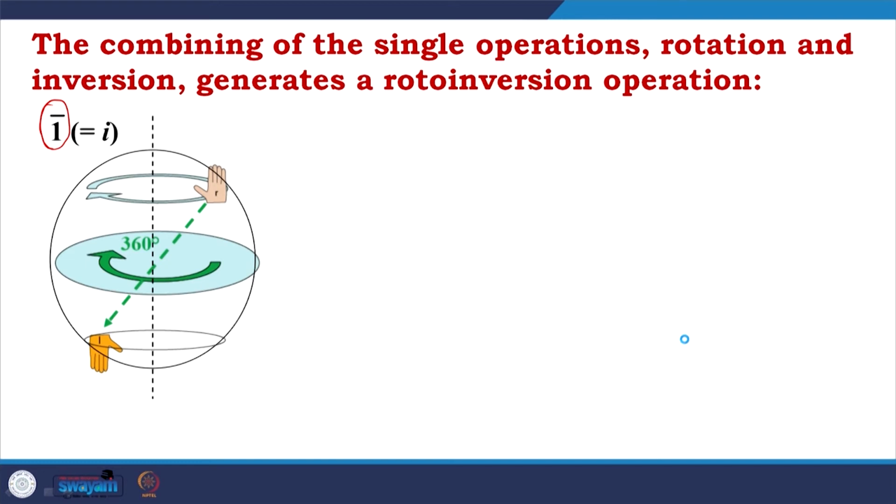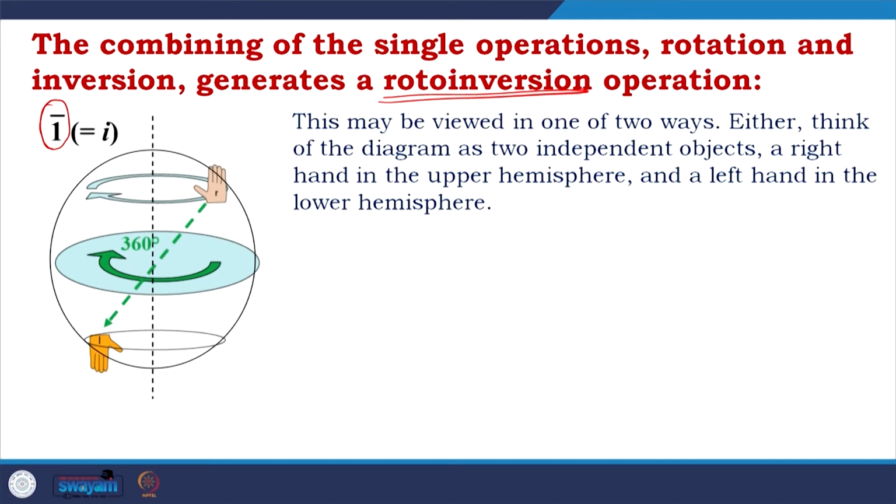This is a 3-dimensional operation. So, you have this picture. If you think of the diagram as two independent objects, you have a right hand in the upper hemisphere.